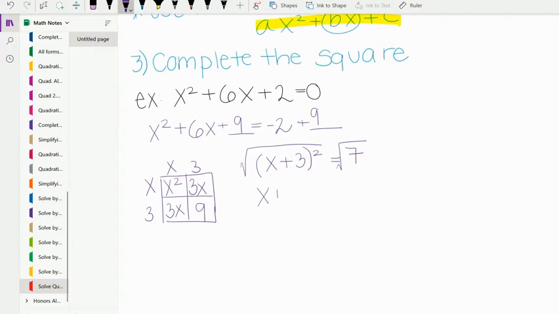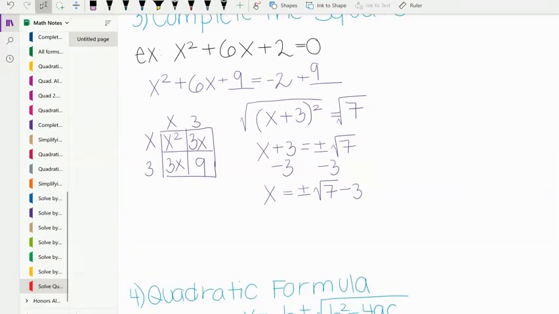So we get x plus 3 equals plus or minus the square root of 7. And then from there, I would want to subtract the 3. So we get x equals plus or minus the square root of 7, minus 3. Okay, so again, this has two answers. We have positive root 7 minus 3 and negative root 7 minus 3.